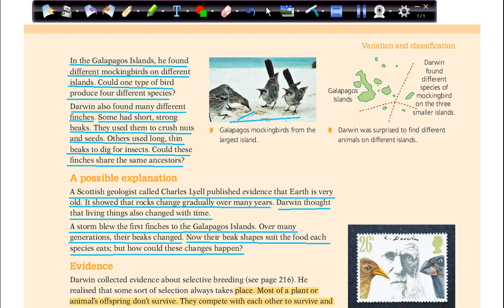If they found the food near the surface, their beaks would be small, and if they couldn't find it and kept trying to dig more and more, that could change over the generations. They could develop long ones.